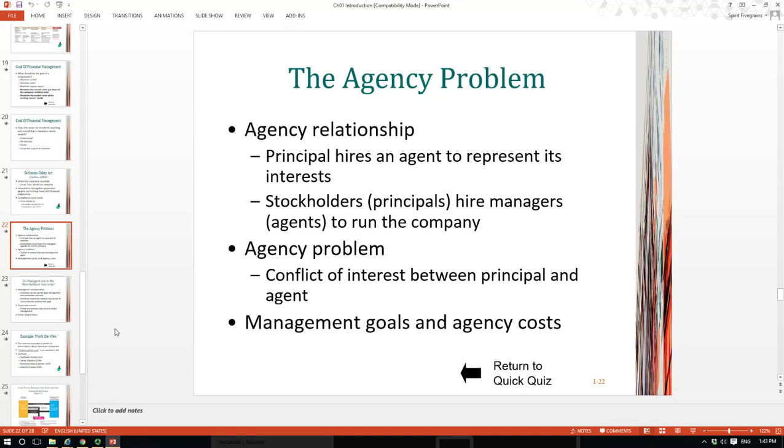So, what is a company's goal? Look, to maximize shareholders' wealth. But for most executives, their goals would be to maximize their own interest, right? So the agency conflict and agency problem will cost shareholders a lot of money, and we call that loss agency costs.